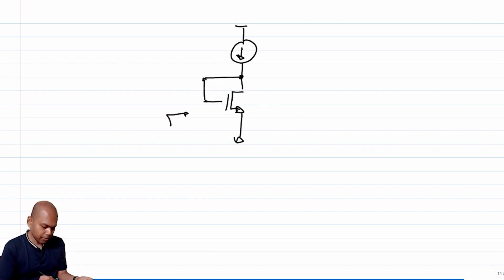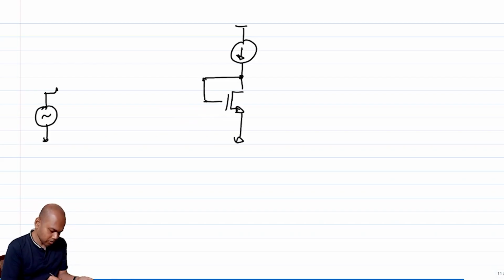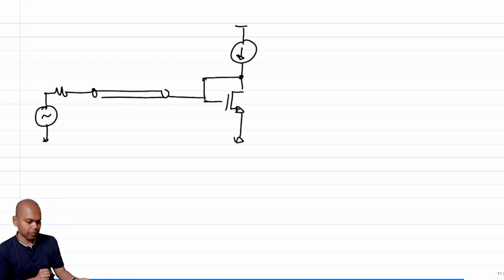What is the looking in impedance? 1 over Gm, right? So I can obviously use this for matching and connect it here. It will be matched, but the problem is that I will not be able to get any gain out of it. Only matching is not sufficient.